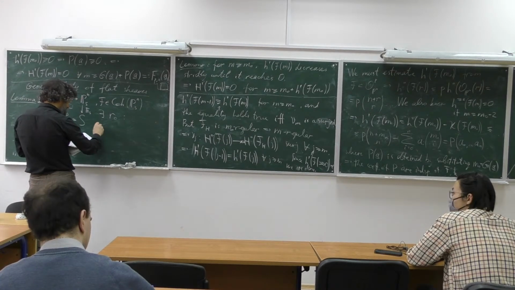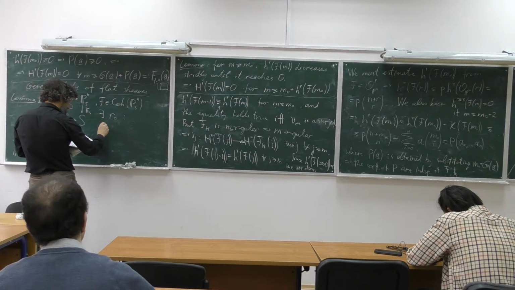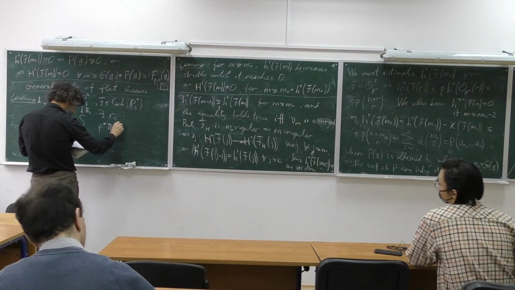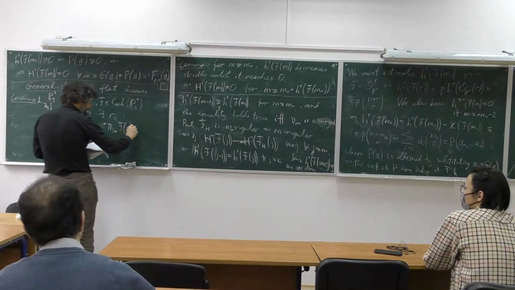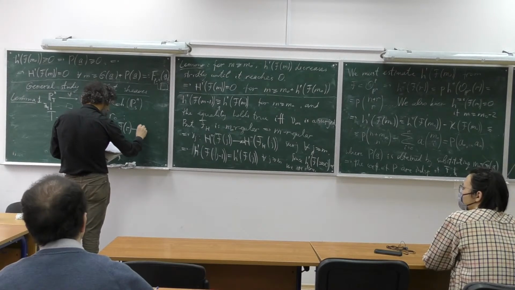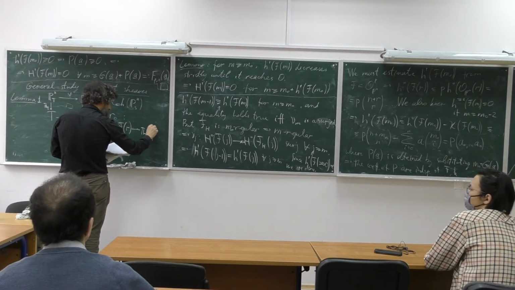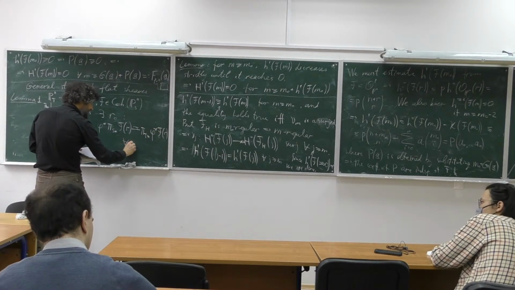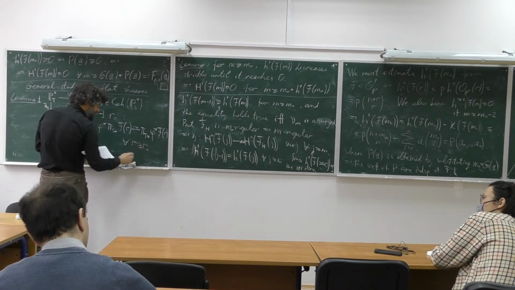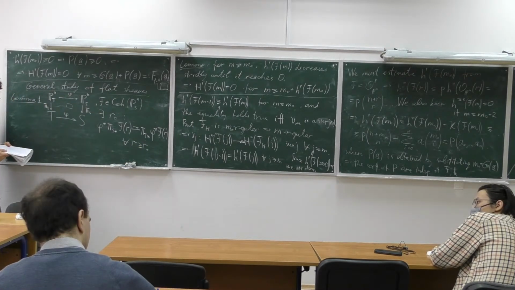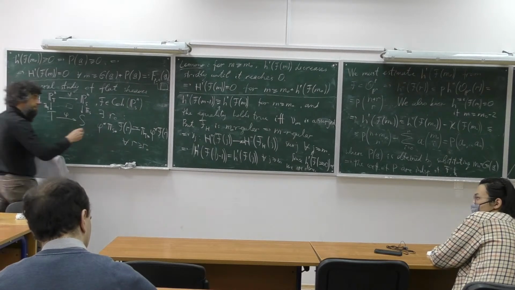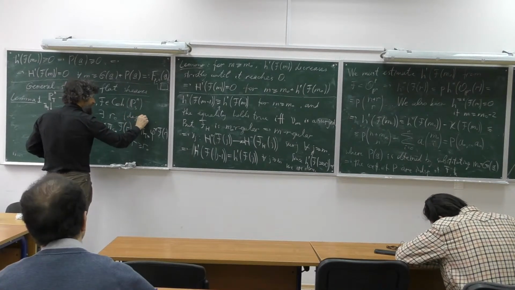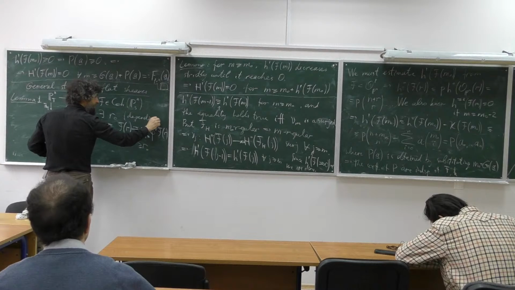So the canonical morphism from push, pull, pull, push to push, pull is an isomorphism for any r bigger than r0. Here it does depend on F. It's not a universal constant. It depends on F.